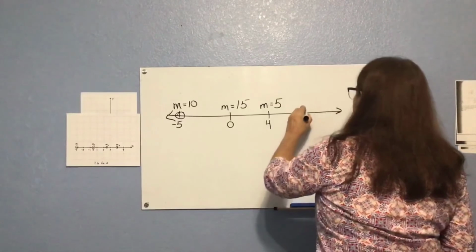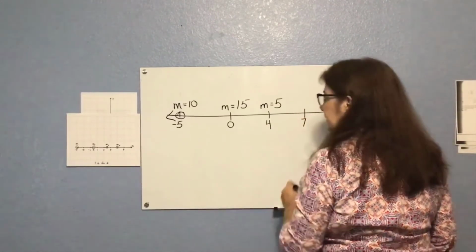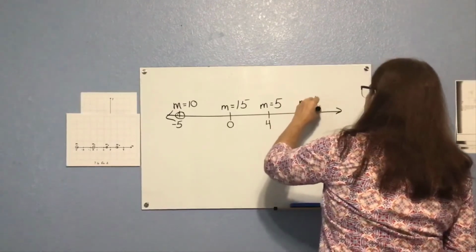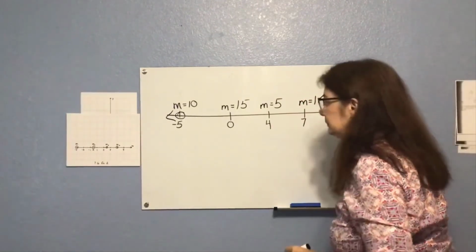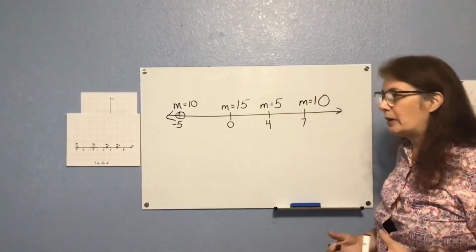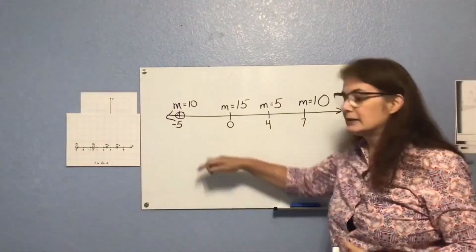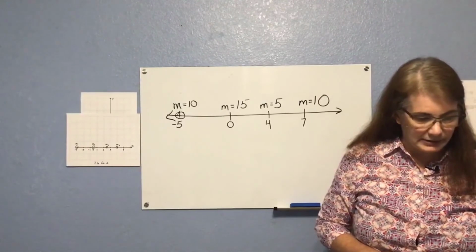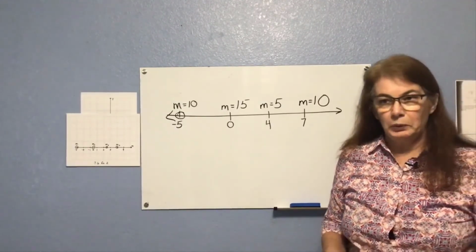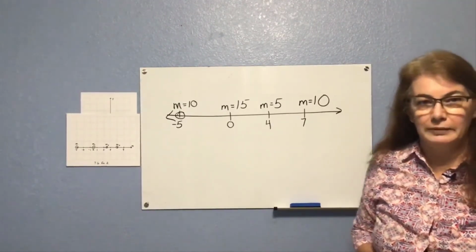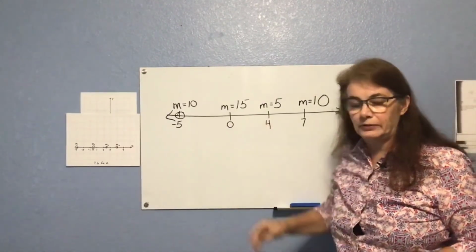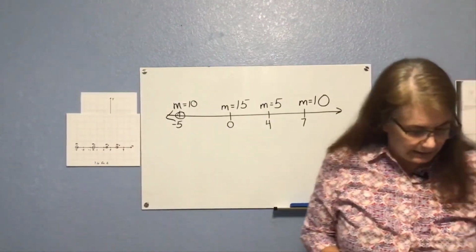And then finally at 7, I have a mass of 10. Okay, so we want to find out in this situation, where is the center of mass? Where's the point of equilibrium? If I wanted this to balance on a fulcrum, where would I have to put the fulcrum for it to balance?